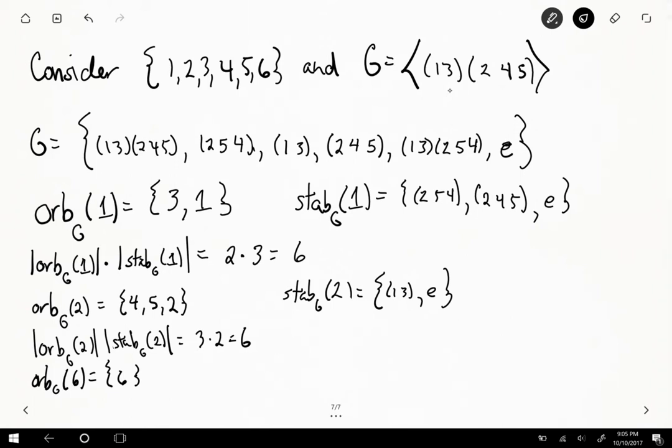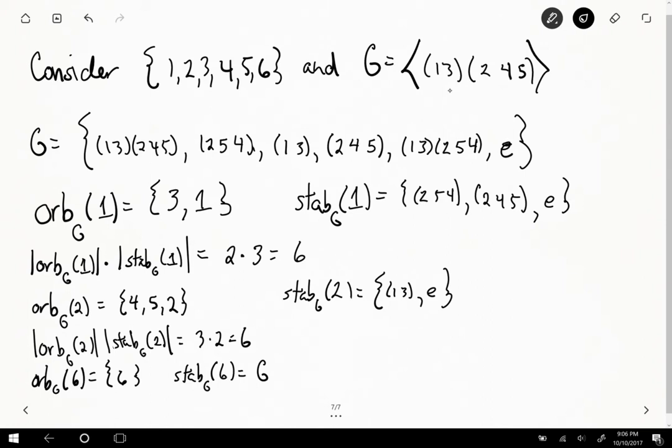If you look at the stabilizer, that's a G down below and this is a 6. Don't let your eyes fool you. What does that equal? Well, notice what stabilizes 6. It's going to be all these elements. So that's just G, right?